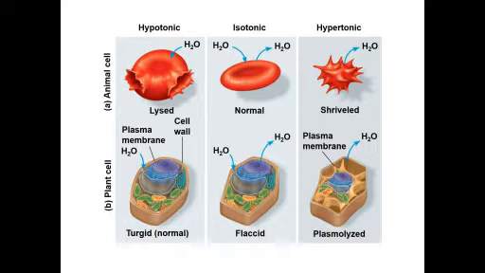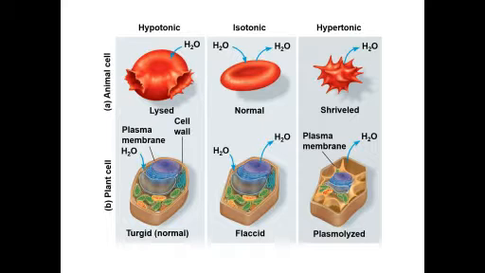Alright, so let's look at what happens to animal cells and plant cells when they're placed in these respective solutions. Looking at an isotonic solution, an animal cell placed in an isotonic solution maintains the same volume, right?